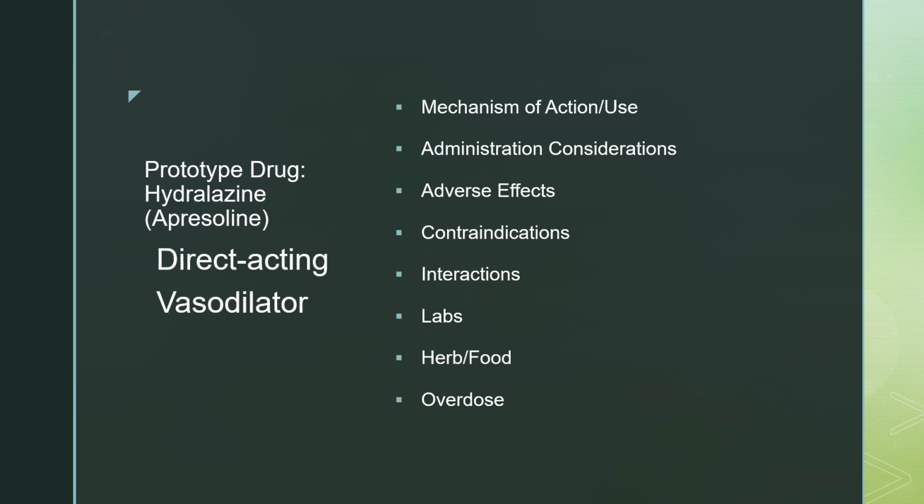Because of these adverse effects, the use of hydralazine is limited mainly to patients whose condition cannot be controlled with other, safer antihypertensives. Contraindications: because of this effect on the heart, hydralazine is contraindicated in patients with angina, MI, or tachycardia.